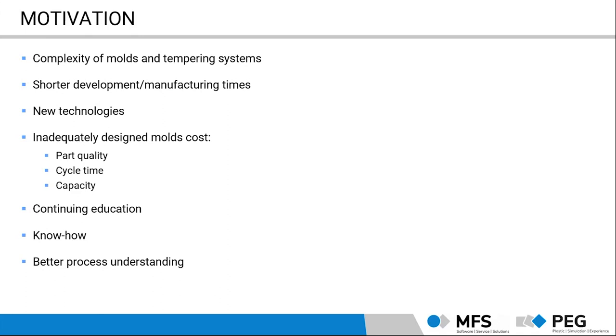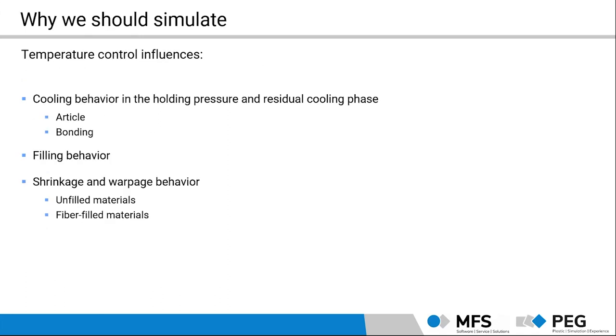Just a few slides from here onto what the temperature control influences. The cooling behavior, especially in the packing phase and the cooling phase, affects our part quality and the process times.